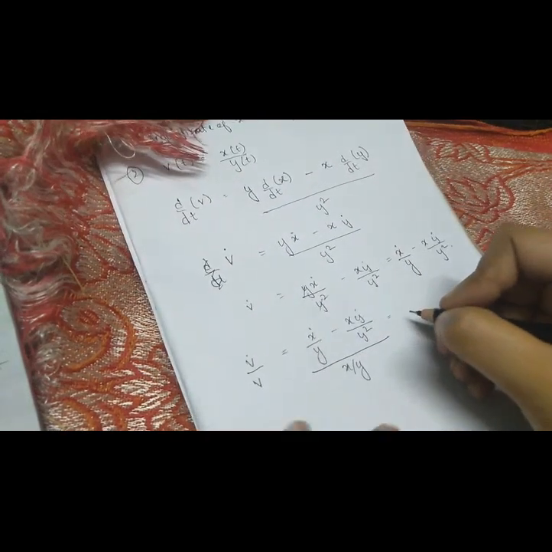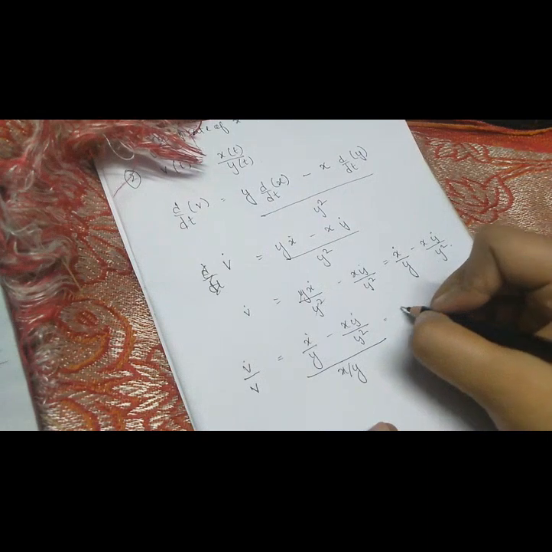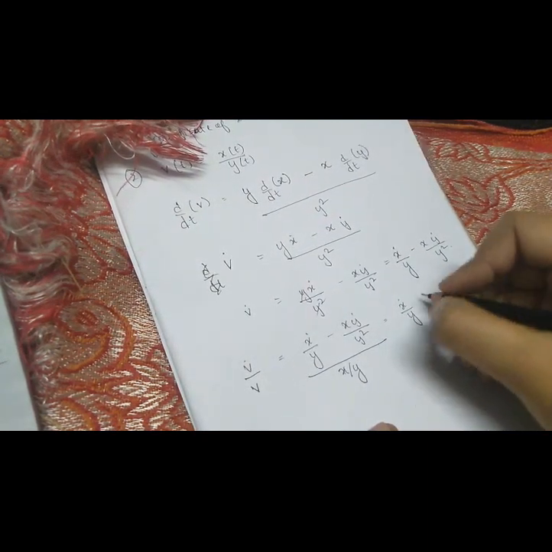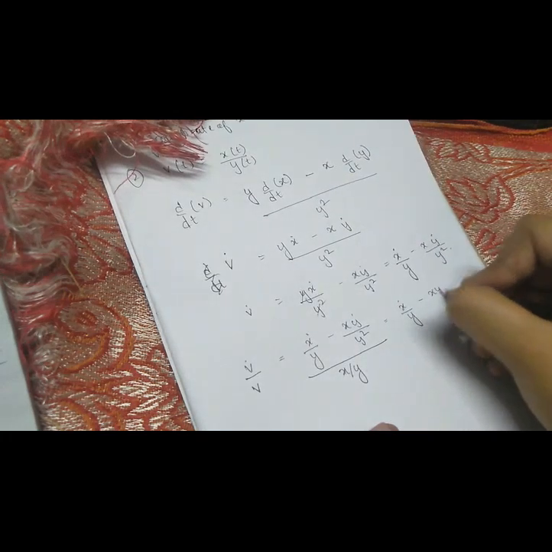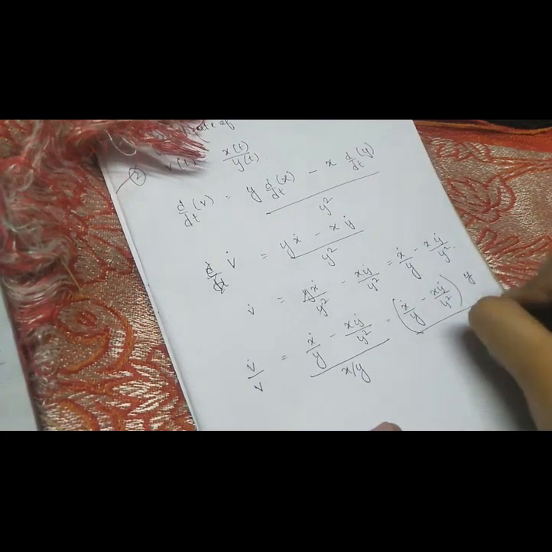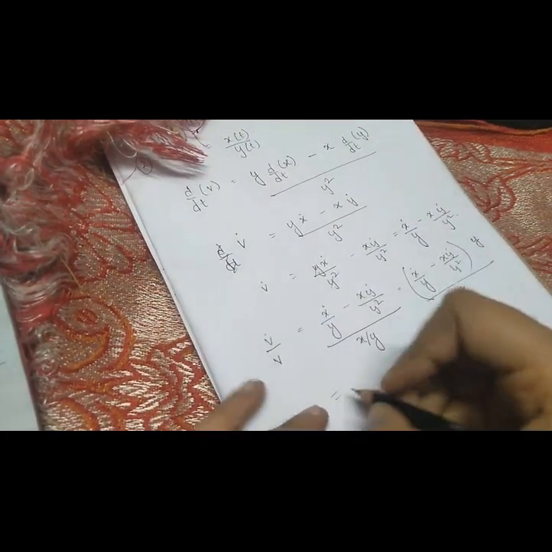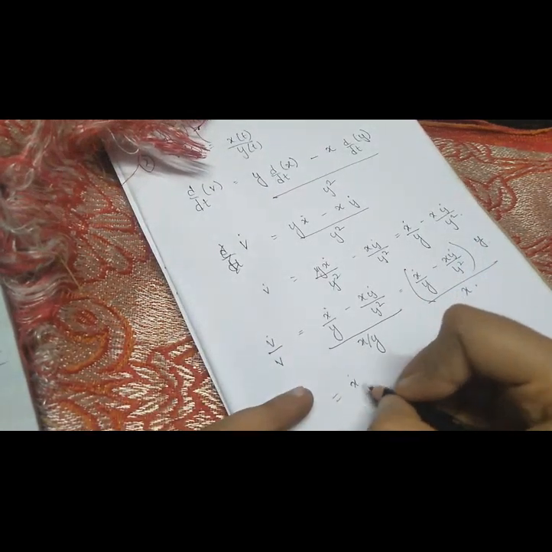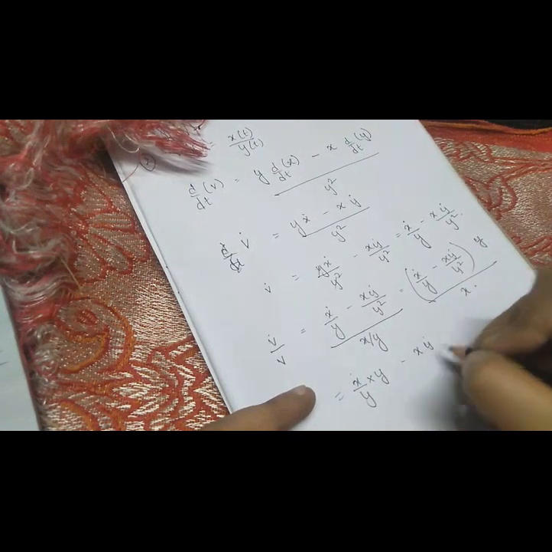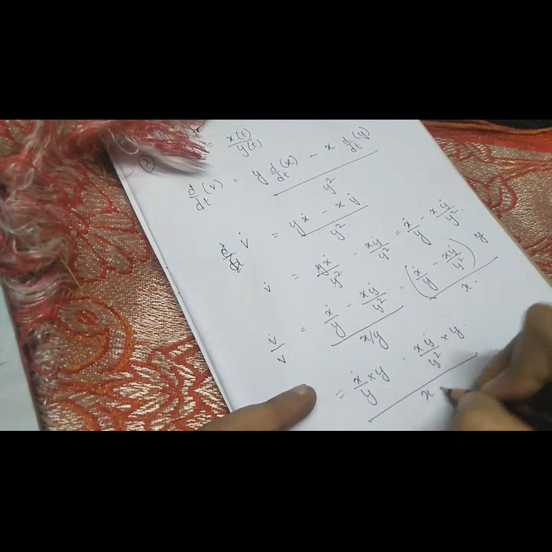Therefore if we multiply y, then it will be x dot by y into y minus x y dot by y square into y, divided by x.